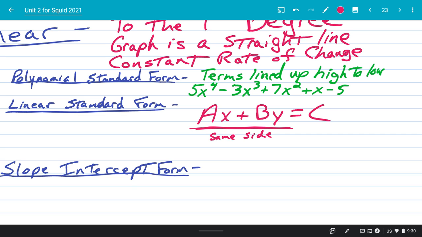Matter of fact, we did two of them today when it was given to us something like 2x plus y equals 7, and the first thing we did was get the y alone, right? So you've seen them in standard form already. When the x and the y are on the same side with a linear function, we call that standard form. We'll be diving more into standard form at a later time.